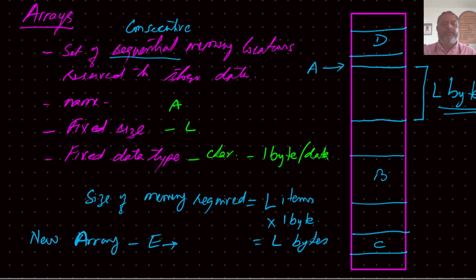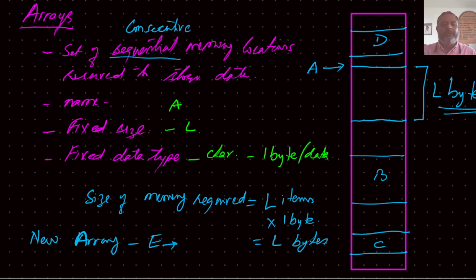And if it is, say, an integer, it can be int 8, then 1 byte is required. Int 16, 2 bytes are required. Int 32, 4 bytes are required. Int 64, then 8 bytes are required, and so on.